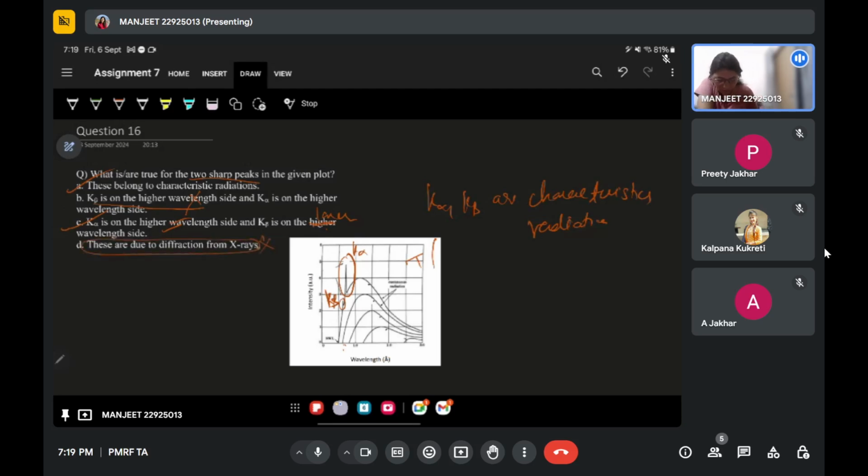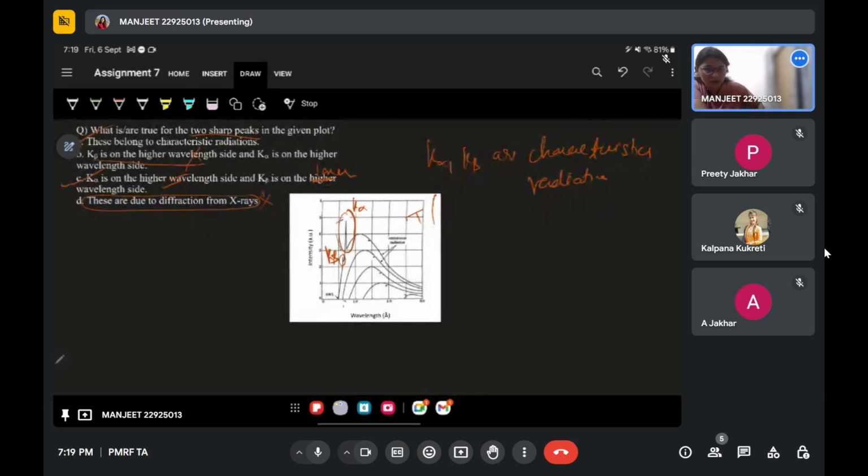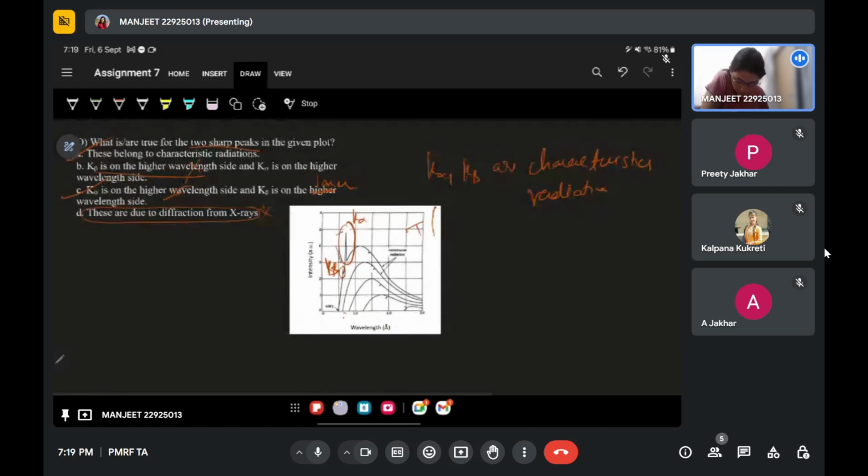If you don't have this plot and somebody asks whether K beta is higher, we know that K alpha is the light coming from, let's say, these levels K, L1 and L2.